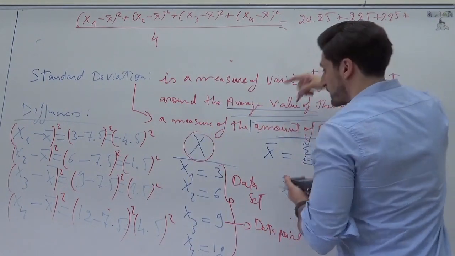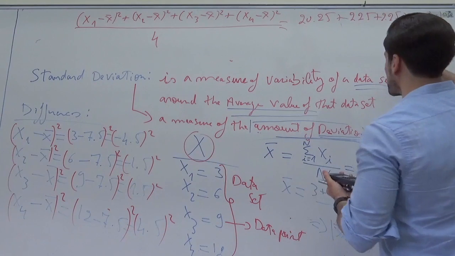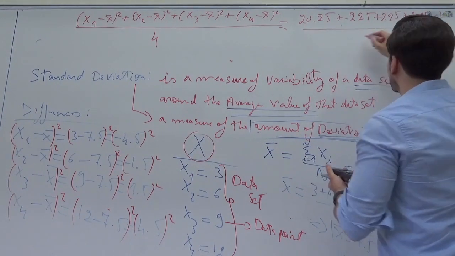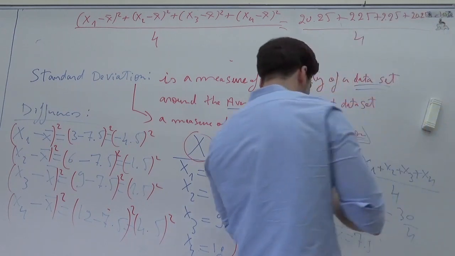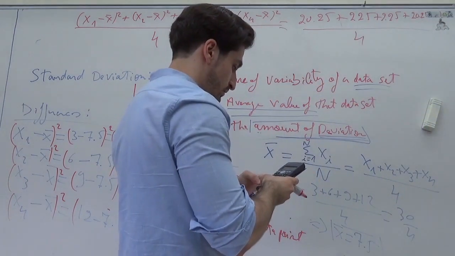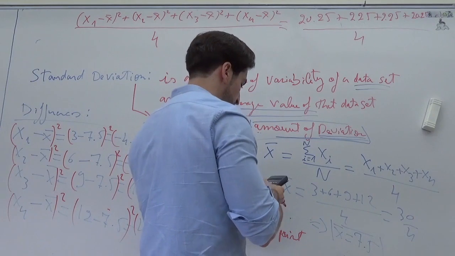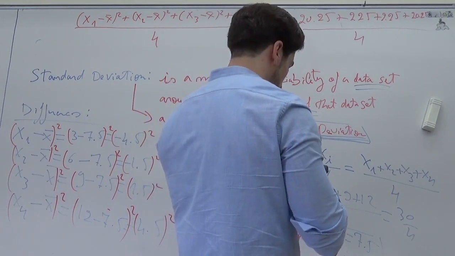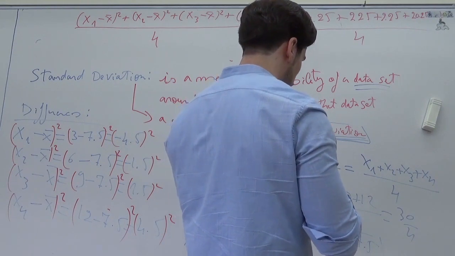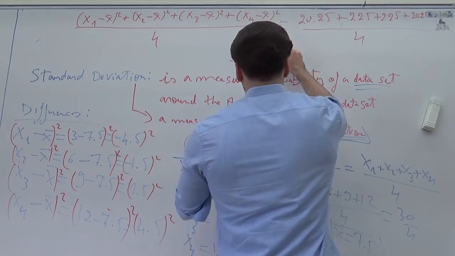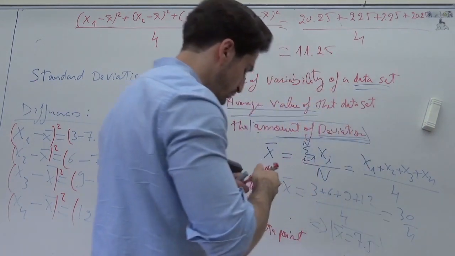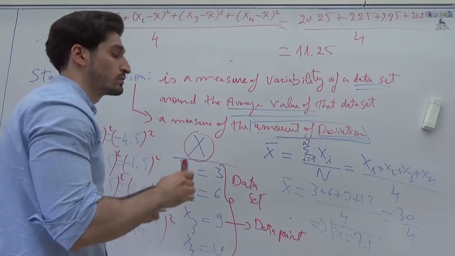And finally we have also 4.5 squared, which is 20.25, divided by 4. So let's sum all of these numbers up. So 20.25 times 2 plus 2.25 times 2, divided by 4, which is going to be equal to 11.25. So the final answer is actually 11.25.